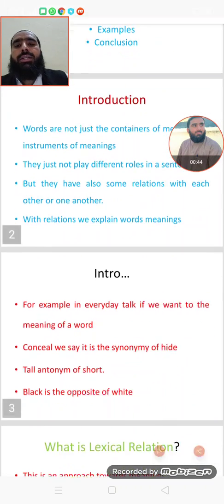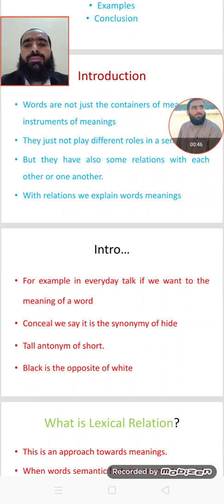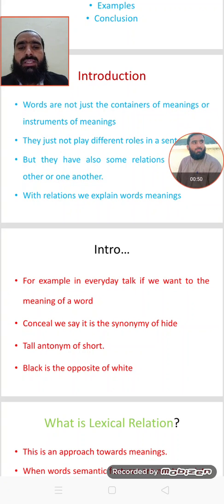So, dear students, as we know, words are not just the containers of meanings or instruments of meanings, but with words we can do many things. With the help of words we communicate, and we need words while using a language.